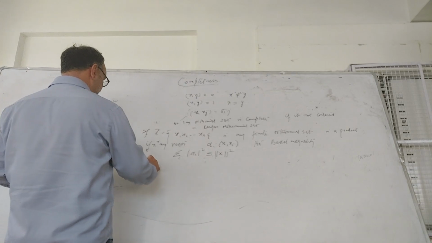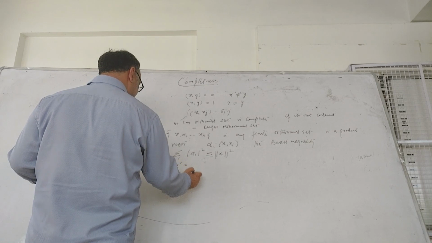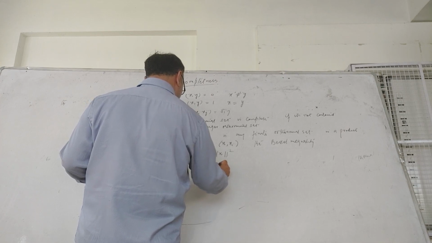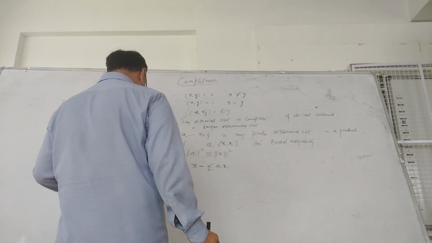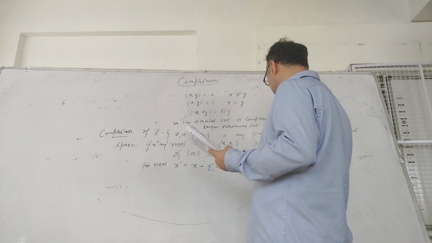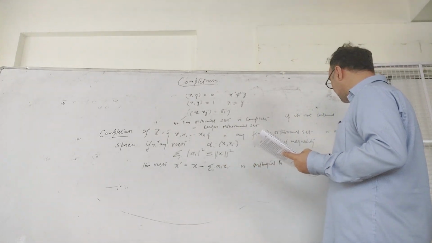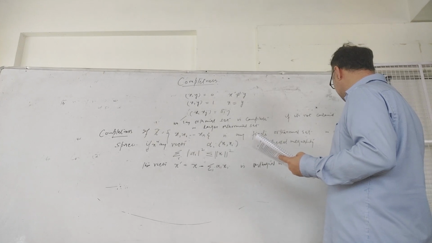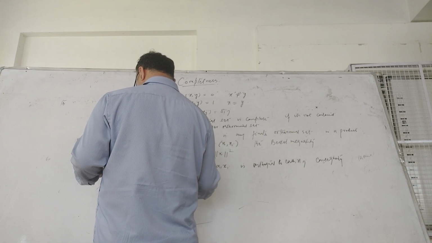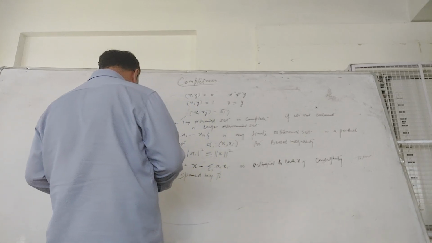Then the vector x prime, which is x minus sigma i alpha i xi, is orthogonal to each xj, and consequently spanned by these.